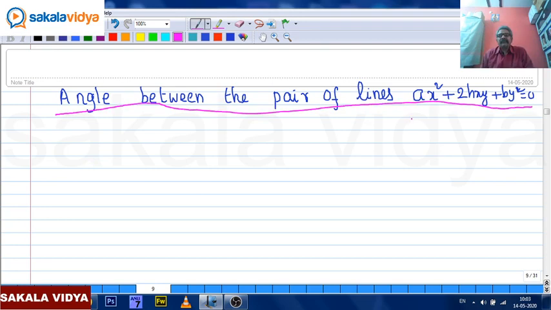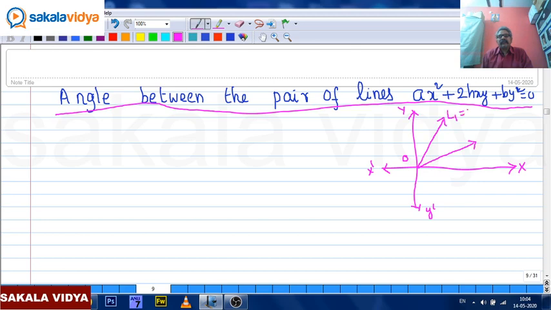So for example, see, this is the x-axis, this is the y-axis, x dash, y dash, this is the origin. Because ax square plus 2hxy plus by square is equal to 0 always passes through the origin. It represents two lines which pass through the origin.